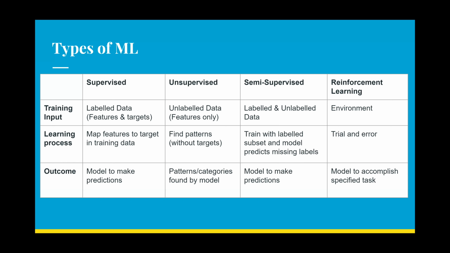And then this last one, reinforcement learning, is the most unique and interesting one, particularly because, unlike these first three, it doesn't learn or train through data in particular, but rather through trial and error.